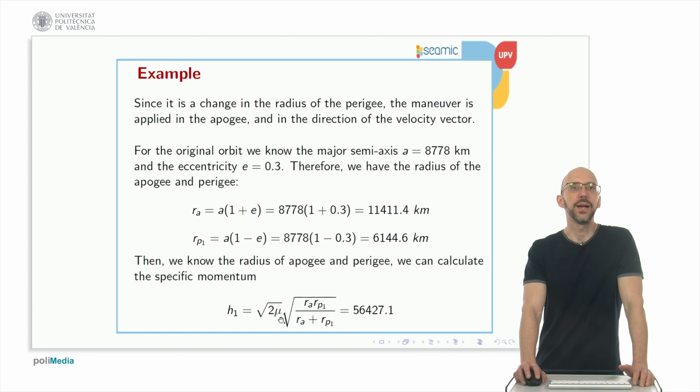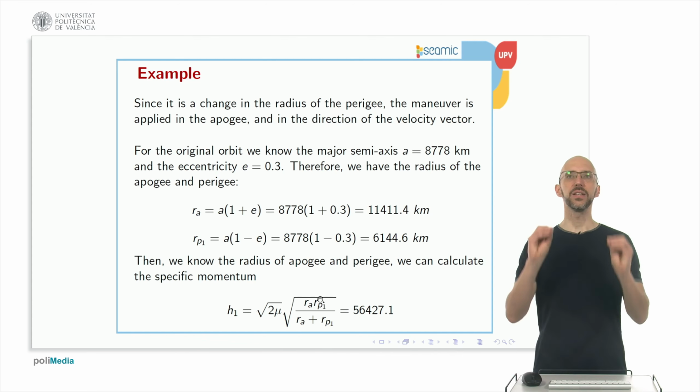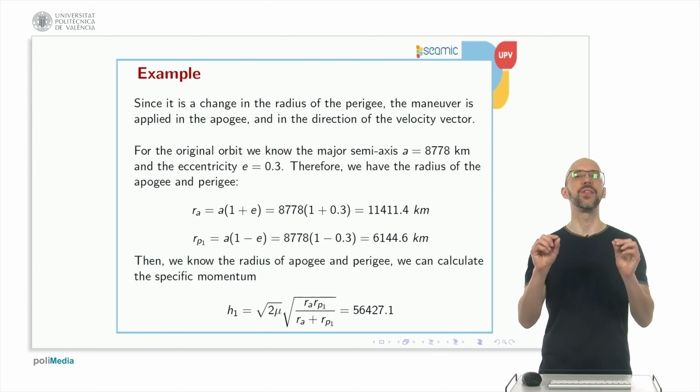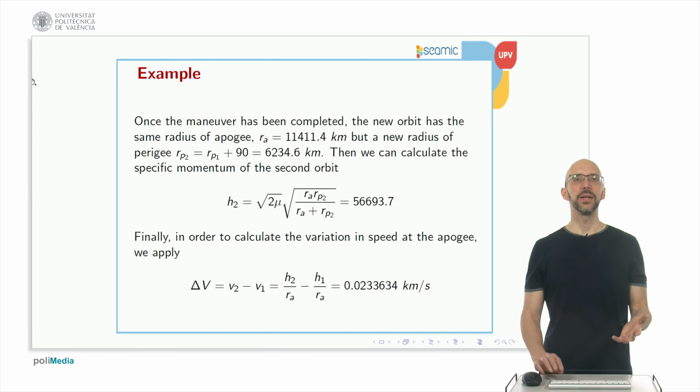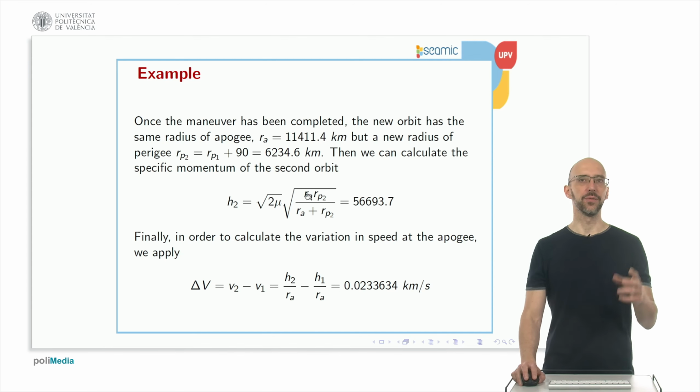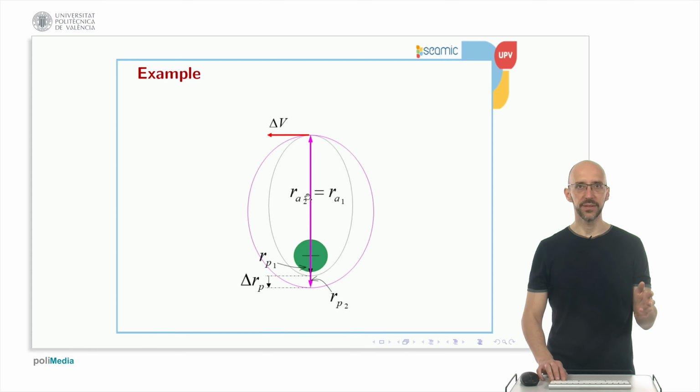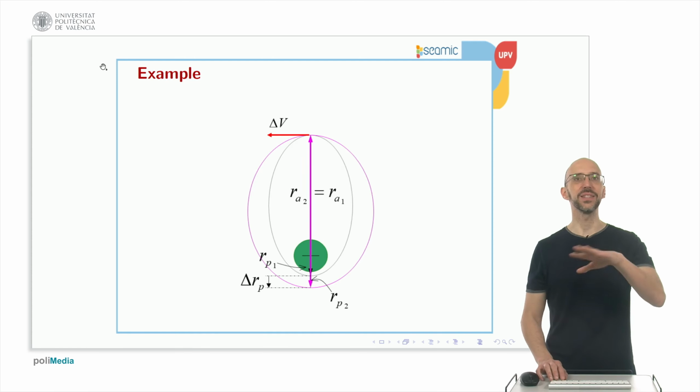If you replace these values in this formula, what you obtain is the specific momentum of the initial orbit, the black one. Come on, now let's calculate the specific momentum of the second orbit, okay? The radius of the apogee of the second orbit, remember that this is the pink one, is exactly the same.